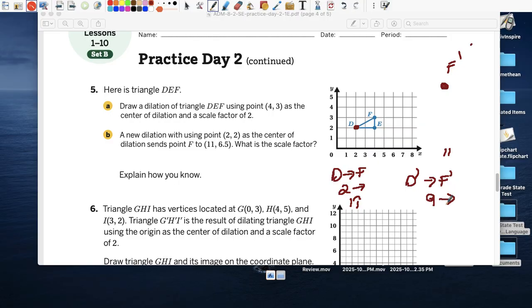I go 9 right, and then 6.5. But I'm already on 2, so 6.5 minus 2 is 4.5. So 4.5 up. So now ask yourselves, how did this 2 become 9, and how did the 1 become 4.5? Scale factor is 4.5.